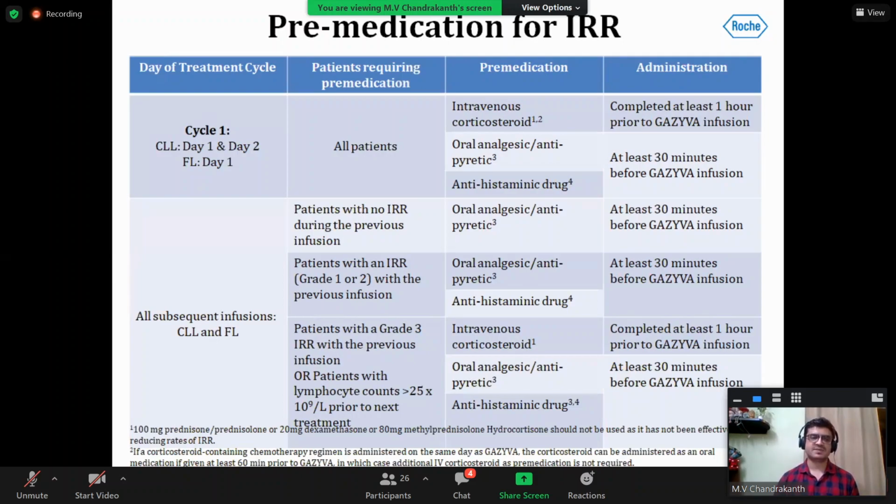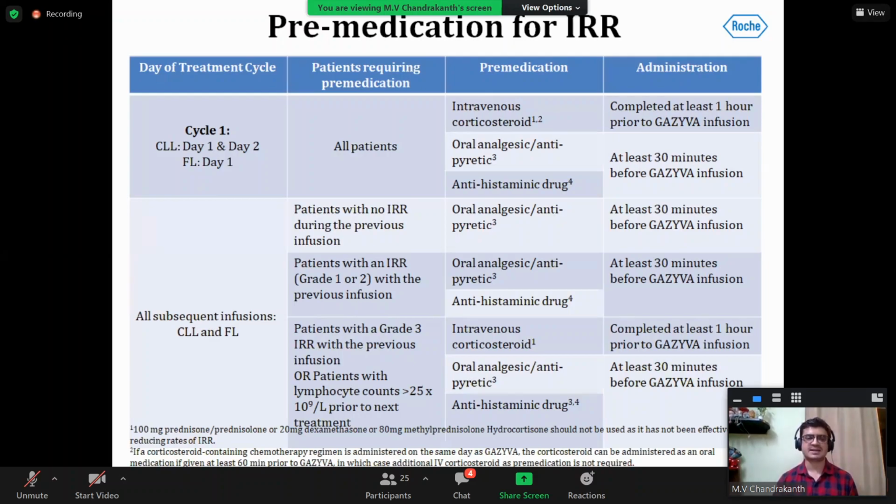Now, all subsequent infusions for CLL and follicular lymphoma. If patients had no IRR during the previous infusion, then only an oral analgesic or antipyretic is sufficient, again given 30 minutes before Gazyva infusion. If the patient had grade 1 or 2 IRR with the previous infusion, then we add an antihistaminic along with the oral analgesic, again 30 minutes before infusion.